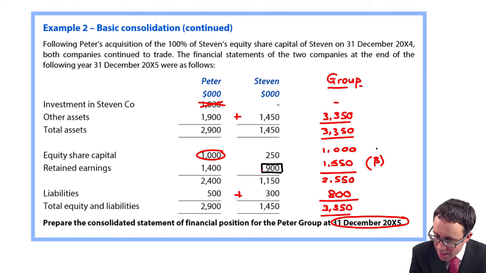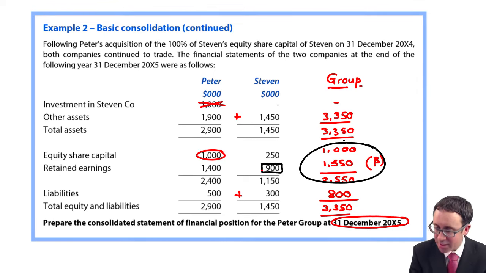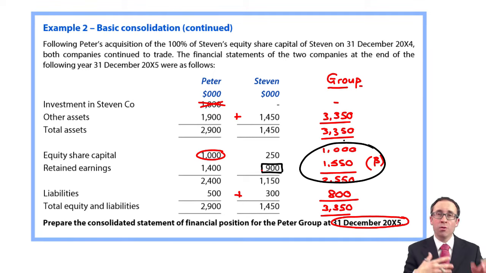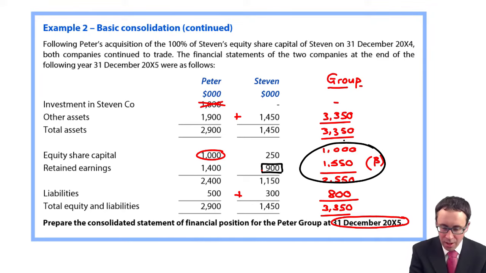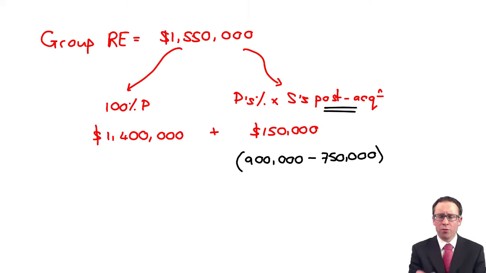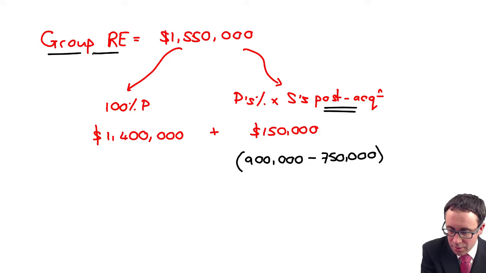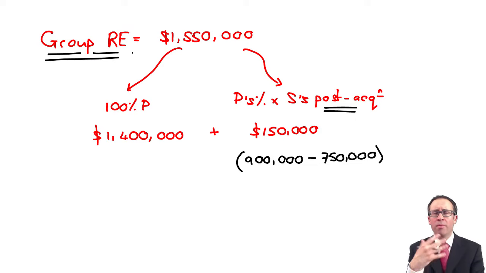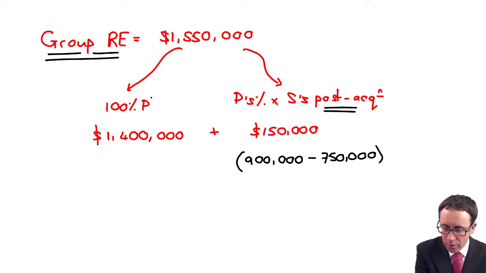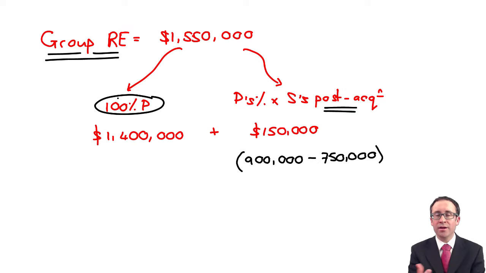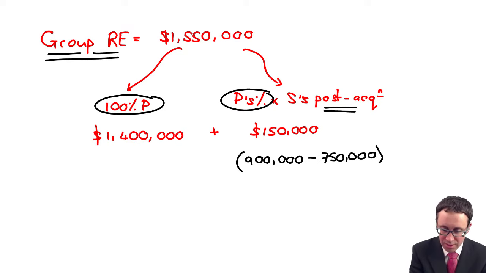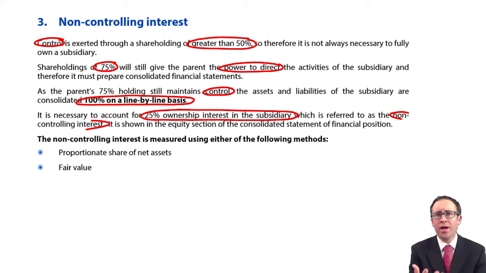Within this section here, within the equity section, that's whereby we show ownership, isn't it? So when we were talking about the group retained earnings, we spoke about what the parent owned, and they owned 100% of their retained earnings, and then they owned their share of S's post-acquisition retained earnings. So here, we're now going to put in 75% of the post-acquisition retained earnings.